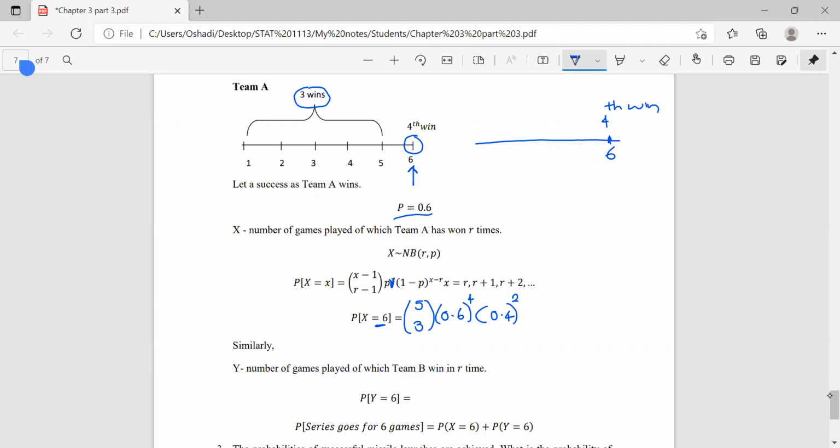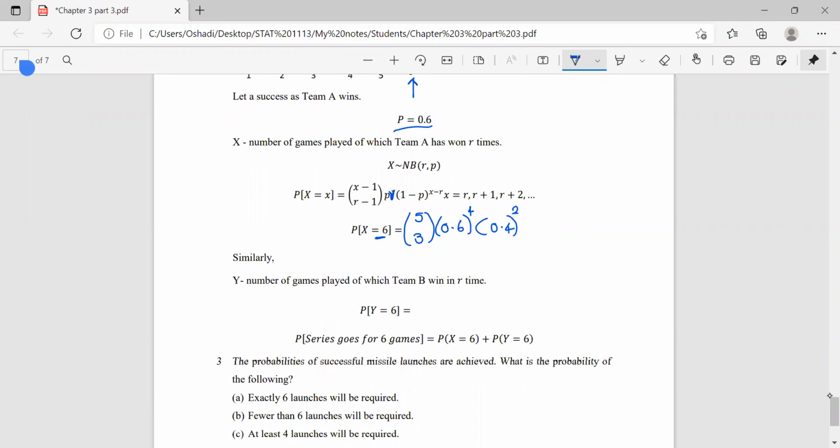So similarly, we can obtain the number of games played of which team B wins, take it as a random variable Y. We want to find P(Y = 6). That means the probability it takes 6 trials to obtain the 4th win.